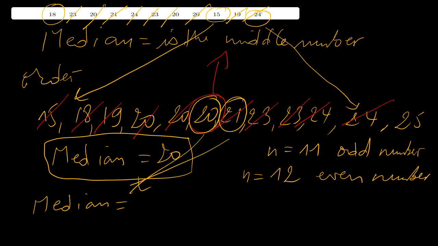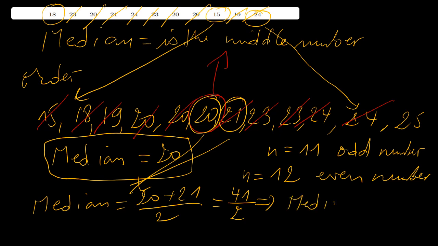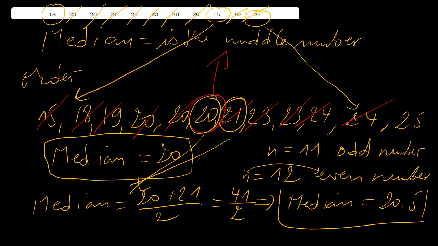So the average of 20 plus 21 divided by 2 is equal to 41 divided by 2. So here our median, in the case of n being an even number, is equal to 20.5. This is the second way. Once again, this is one way of measuring the central tendency.